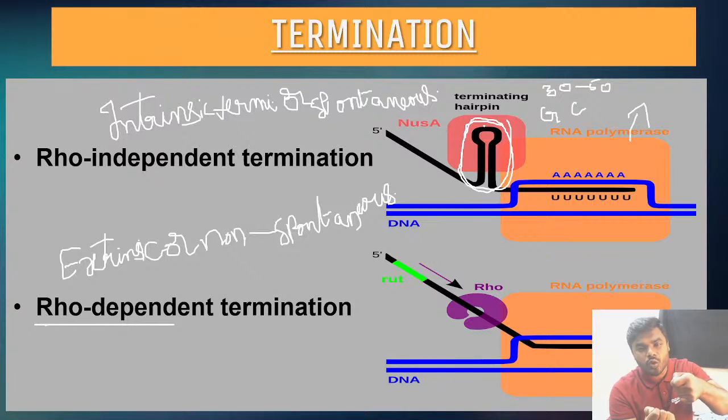This hairpin loop starts pulling the mRNA in such a way that, because of its force, the RNA associated with the DNA comes out. The RNA polymerase enzyme also gets dissociated with the help of that force. So the hairpin loop itself pulls the RNA without any external protein. Always remember this.